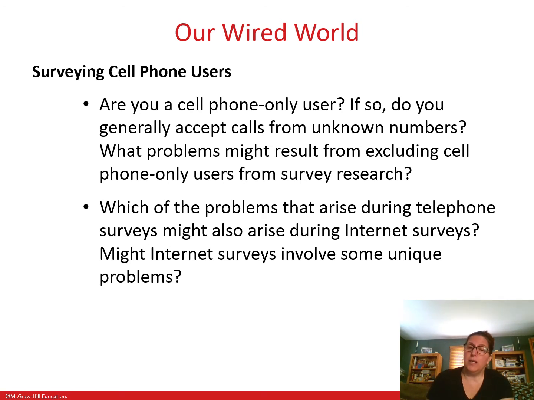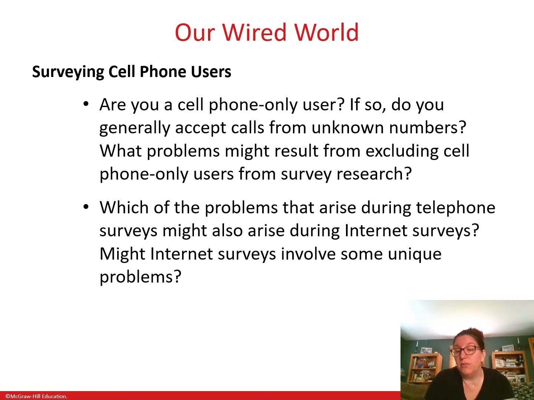Now, if I ask an open-ended question, I want to know what you think problems could arise from doing a telephone survey. I really don't know what those options might be, so I'm going to pose it in an open-ended way and allow my respondents to give me any kind of option. Maybe they live in a home that doesn't have a landline, or maybe they live in a remote area that doesn't have good reception.